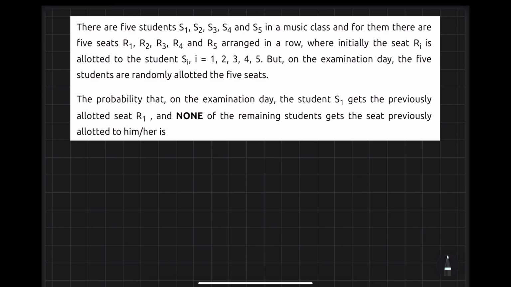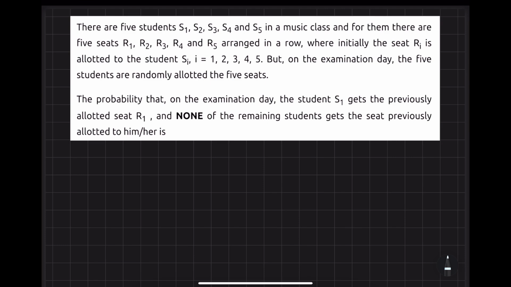So, we got hold of some new problem which says there are 5 students S1, S2, S3, S4, and S5 in a music class, and for them there are 5 seats R1, R2, R3, R4, and R5 arranged in a row.